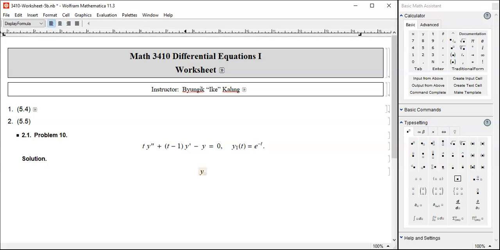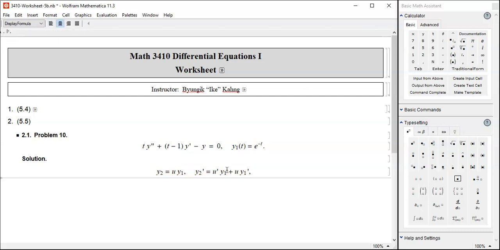Okay, here y2 is u times y1, and y1 is this one, by the way, but we're gonna do this later. So for y2, the derivative of it is, by product rule, u prime y1 plus u y1 prime, just product rule.